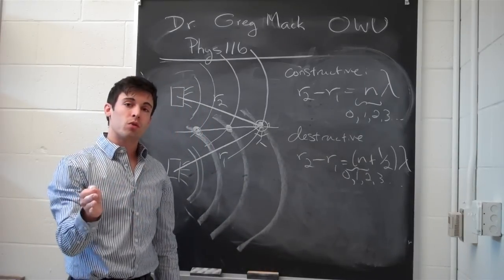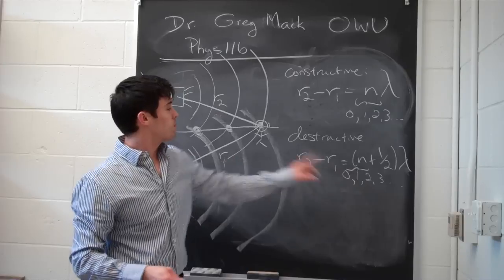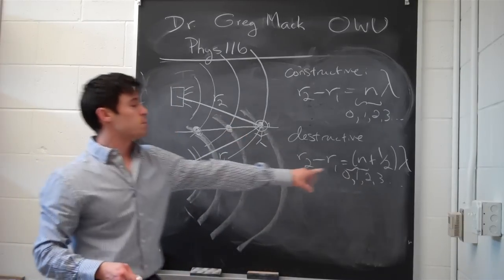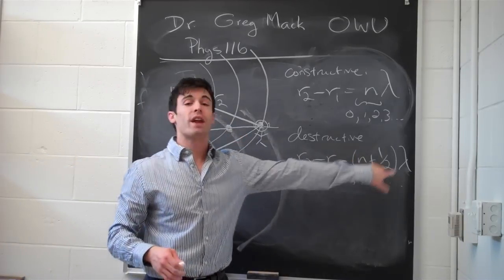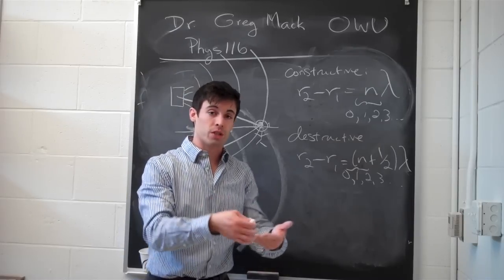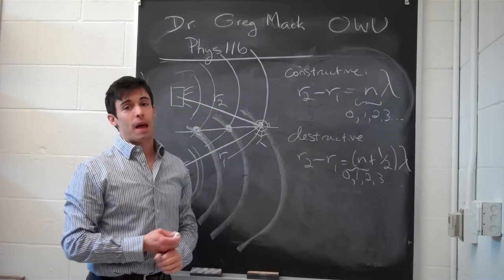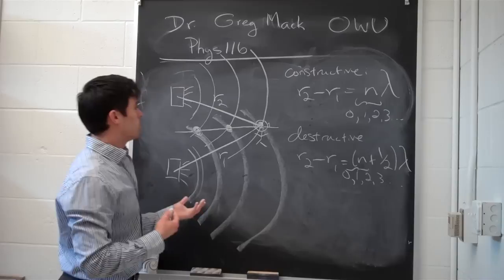So the minimum place where you would receive destructive interference is if you changed your difference in path length to be equal to, with n equals 0, 1/2 times lambda. That would be the minimum. Okay? You can figure out different places too, depending on your value of n, but that 1/2 lambda would be the minimum.